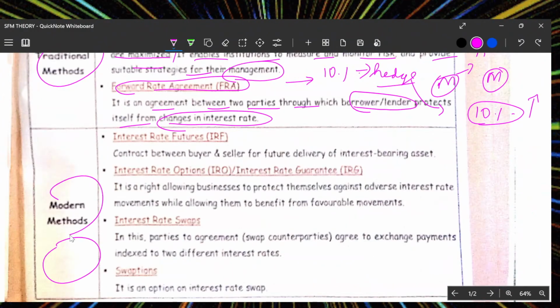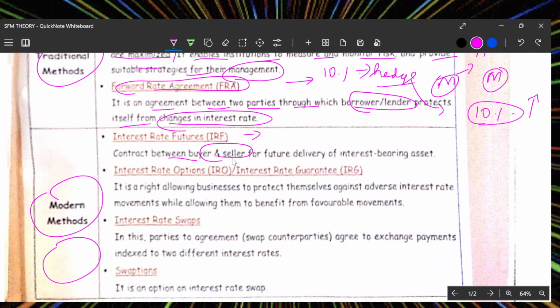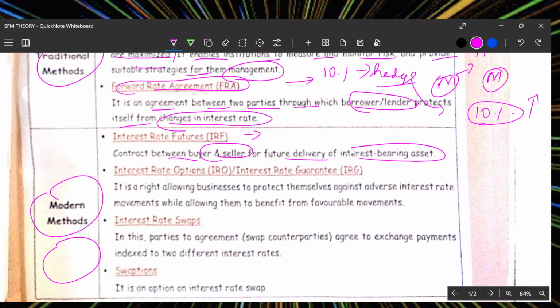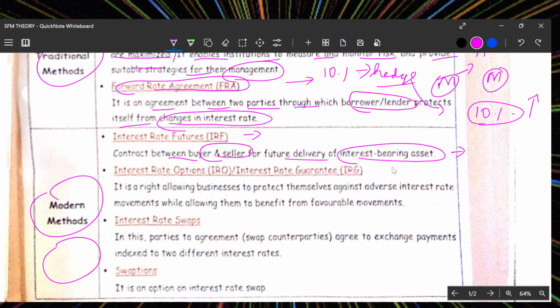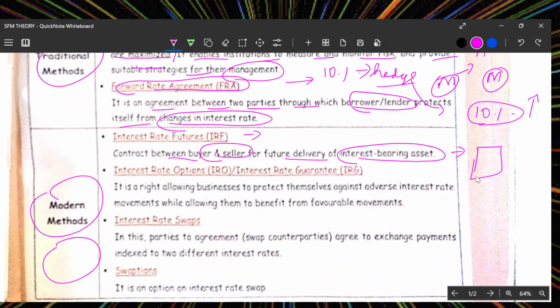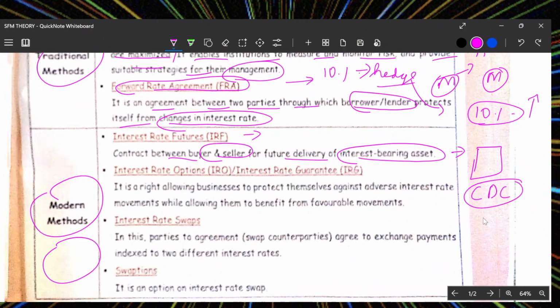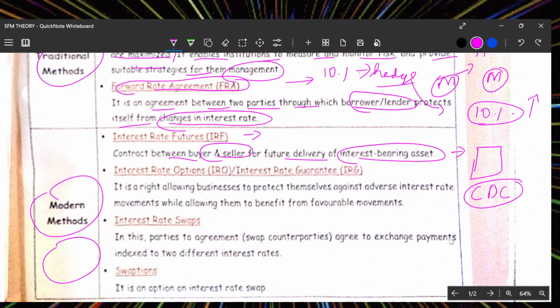Next, a modern method. What is a modern method? Interest rate futures. In interest rate futures, it is a contract between buyer and seller for the future delivery of interest bearing assets. This is what you see in the CDC issue, usually in the US stock exchange. They give a secured loan, a bond, say 1 lakh rupees.